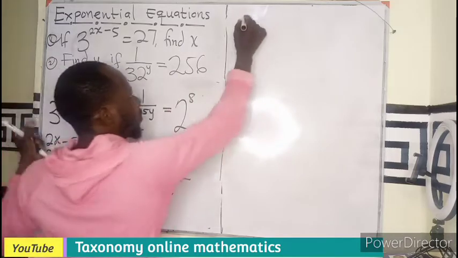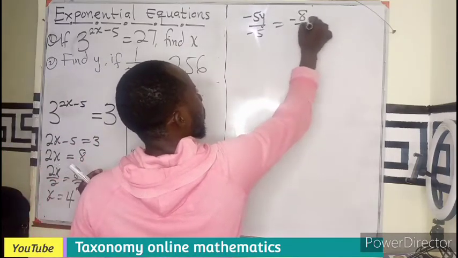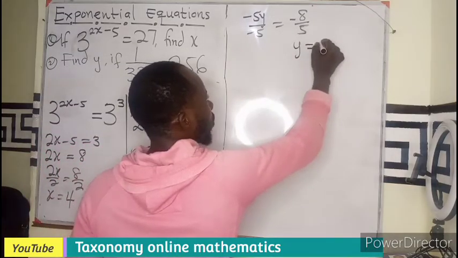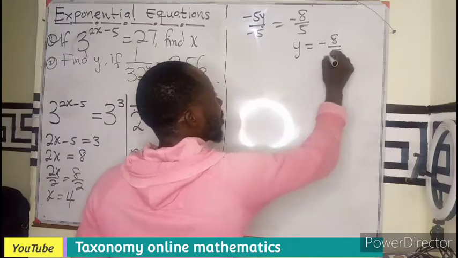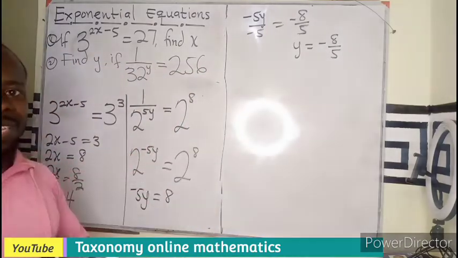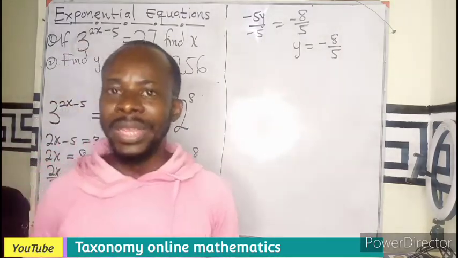So we are going to have minus 5y. So this will just give us y equals minus 8 over what? 5. Alright, so these are just the 3 steps that we follow in solving exponential equations.